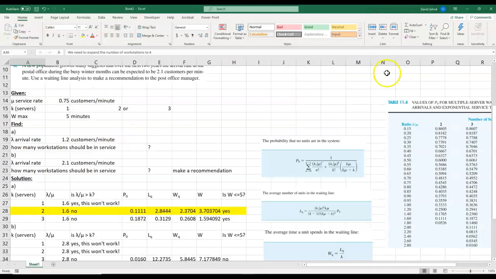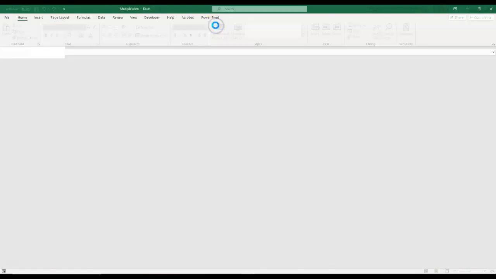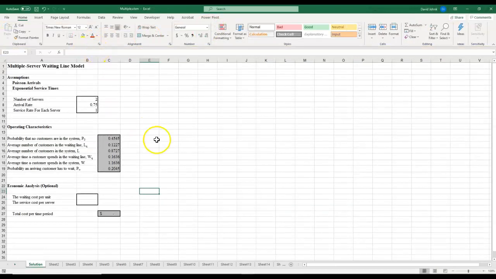If you open that up, enable editing, enable content. Well, you can change the servers here.